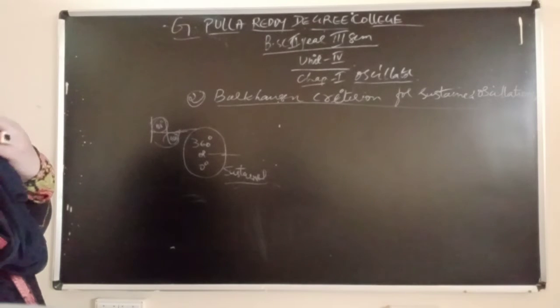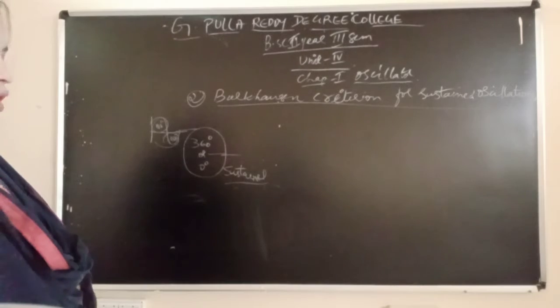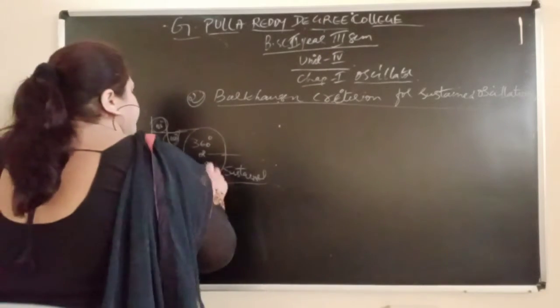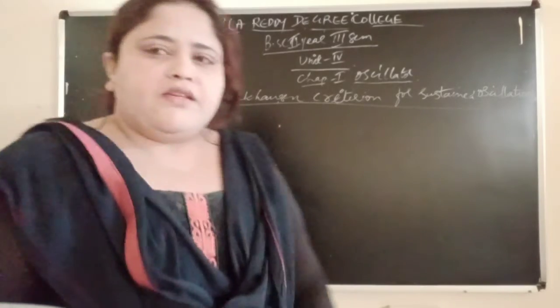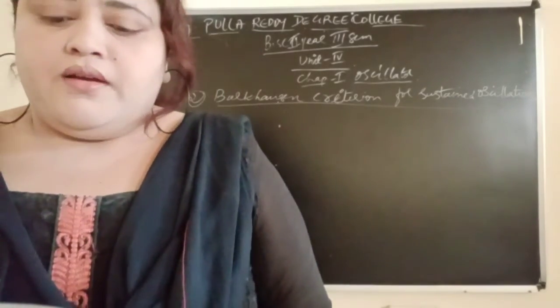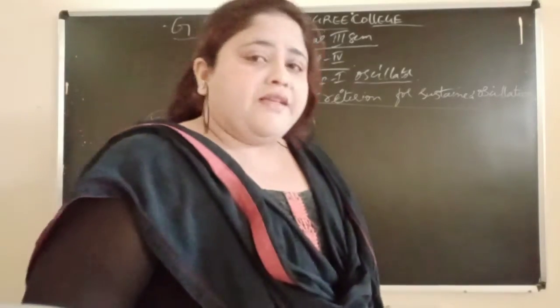Oscillation condition: Barkhausen criteria for sustained oscillation. That means it should generate the output in the form of a sine wave, and it should give us 360 degrees.